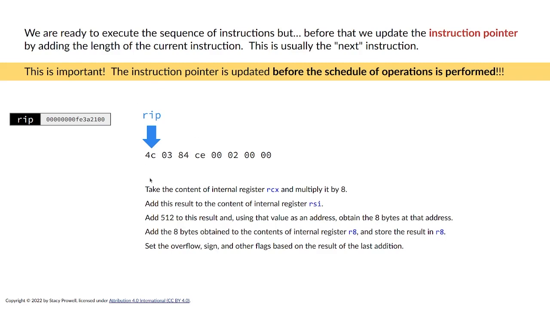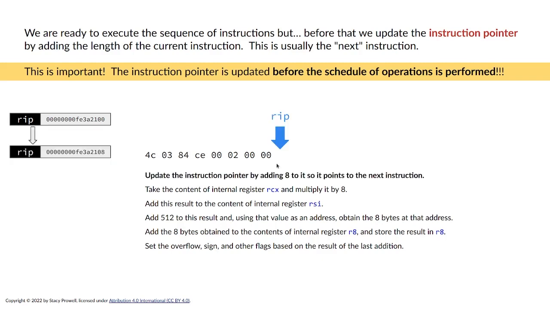And so we need to set RIP to the next linear instruction. I'm going to use that term a lot, and what I mean is the next instruction in line. So right here, we update RIP to point there. So that has to be done. Now, once we've updated RIP, we can then execute the sequence of operations.